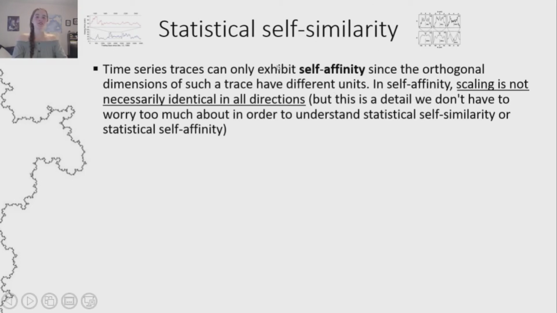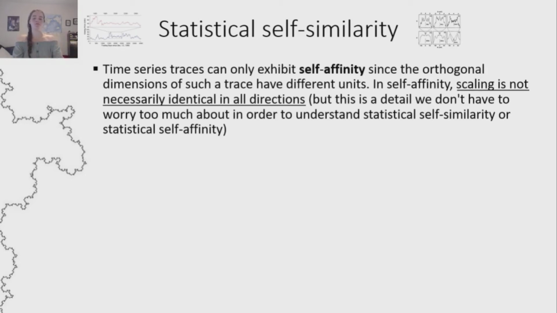We say that they're statistically self-affine. So in self-affinity, scaling is not necessarily identical in all directions. But yeah, we don't have to worry about this too much in order to understand statistical self-similarity or statistical self-affinity. We just basically have to understand that the fractal properties are statistical.